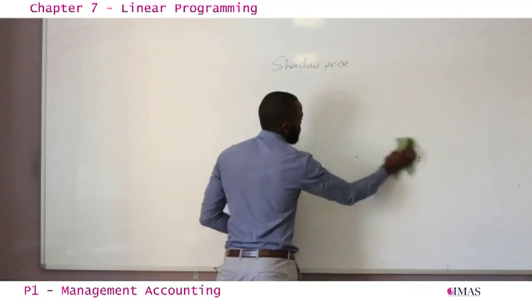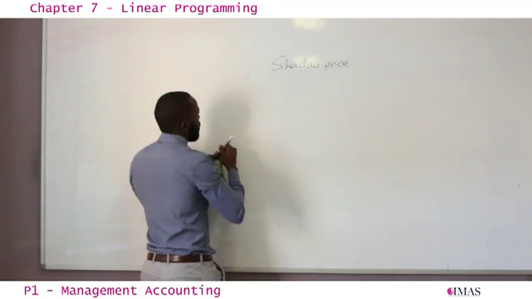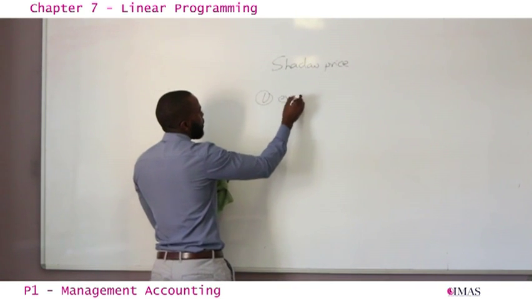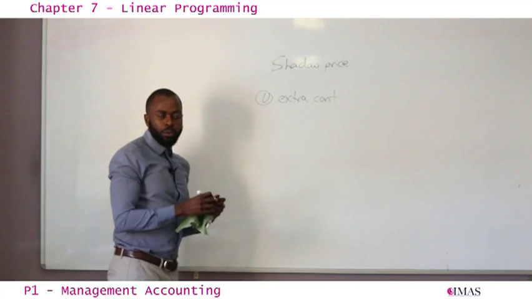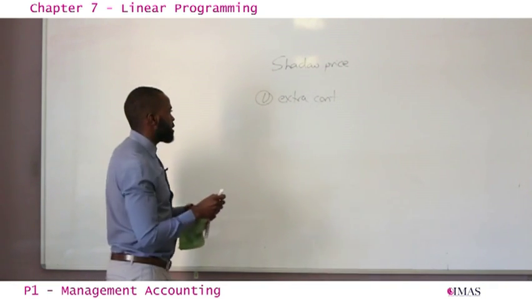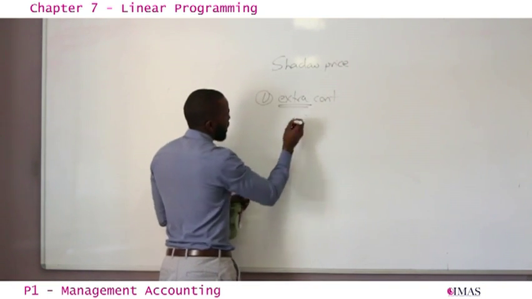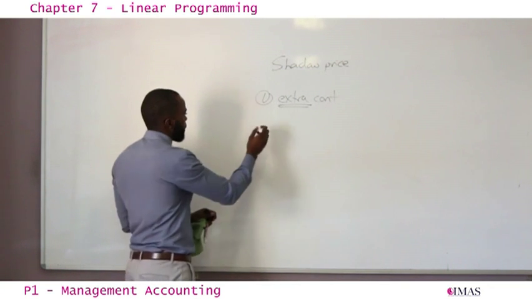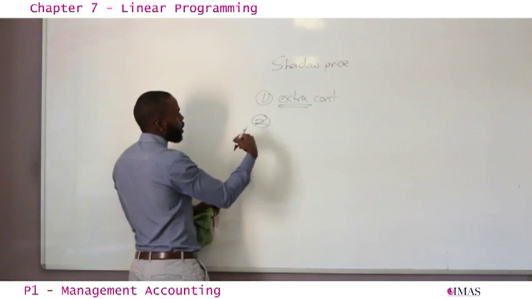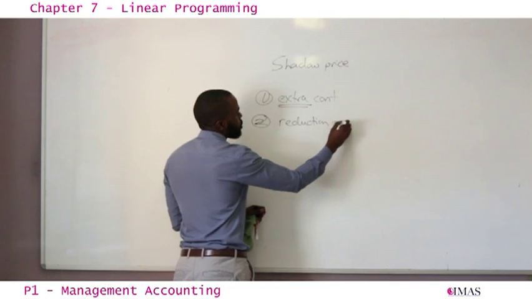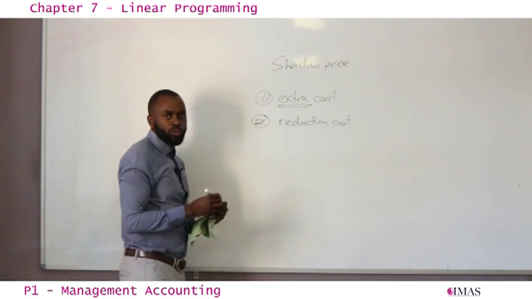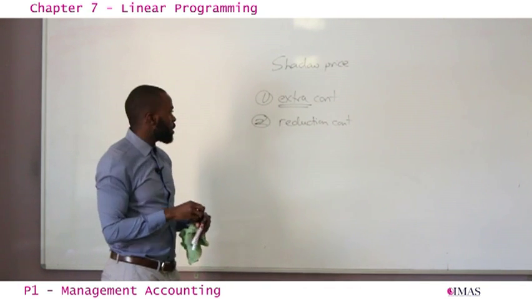And we said a shadow price, we can define it in 3 ways. 1, shadow price is the extra contribution that is earned when we have 1 more unit of the scarce resource. What is the extra contribution that we earn? Number 2, we can look at the opposite way: the reduction in contribution if we don't have that 1 unit of the scarce resource.